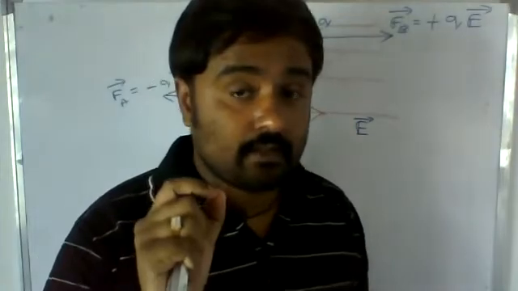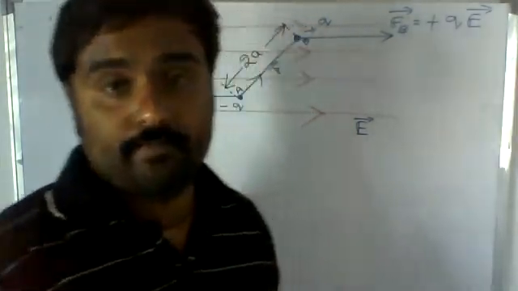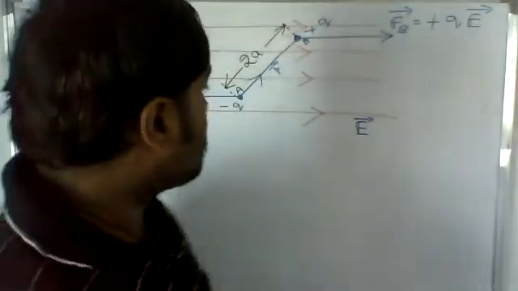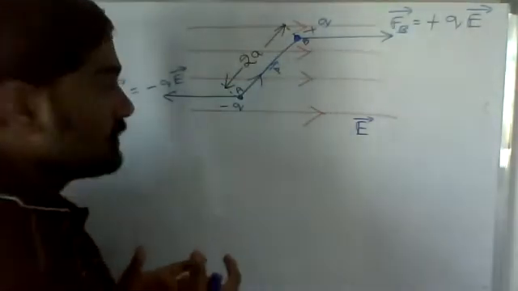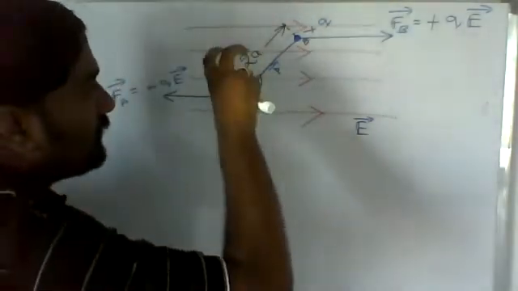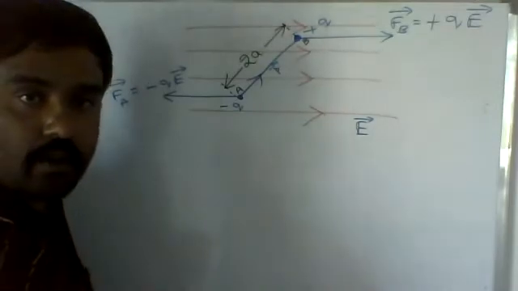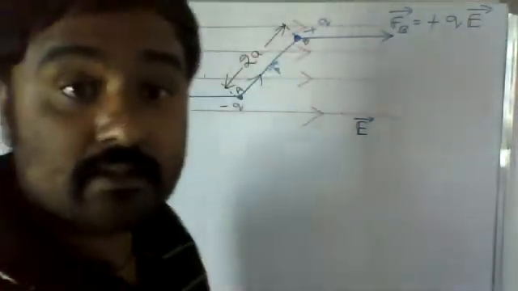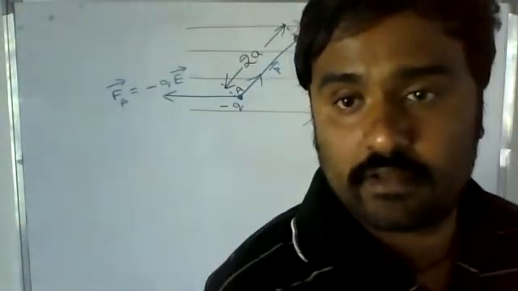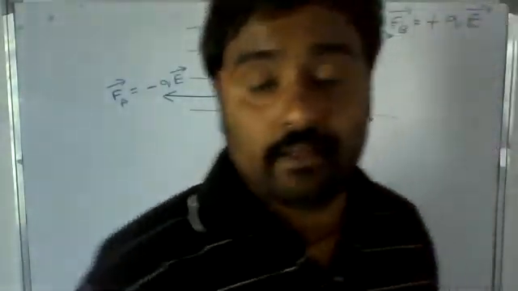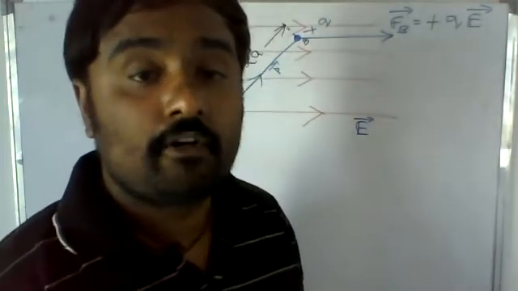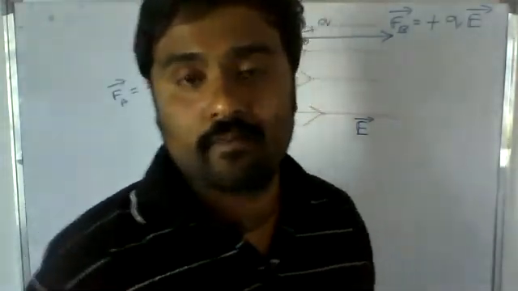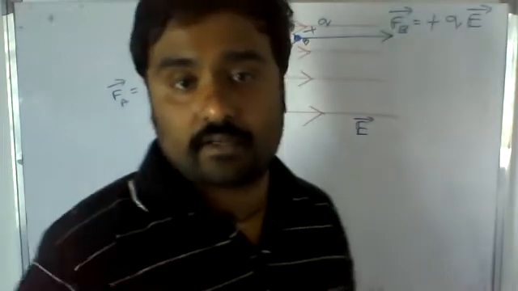What is the effect of a couple on a body? If a couple acts on a body, the body will rotate. So the effect of a couple on a body is rotational motion. The rotational ability of a couple, that is the moment of couple, is also called torque.